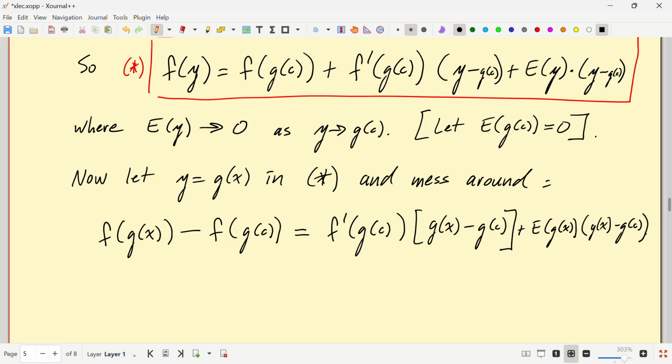Then when you stare at that for a second, you realize, aha, that's my difference quotient. So if I divide this by x minus c, that's my difference quotient with a composition. And then you realize, okay, when I distribute that x minus c through, here's the place I should stick it over here, and here's the place I should stick it over here.